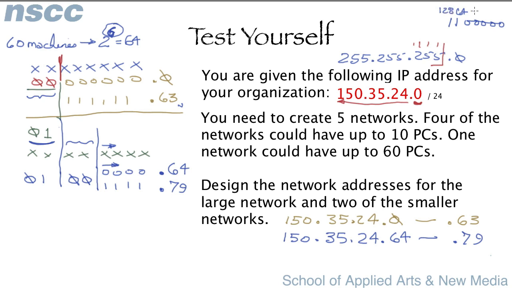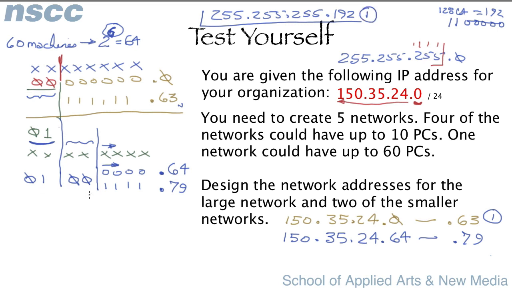If I add those together, I'll get 192. So I know that my mask for this one here, I can write it up here, 255.255.255.192. So this is our network mask for network number 1.